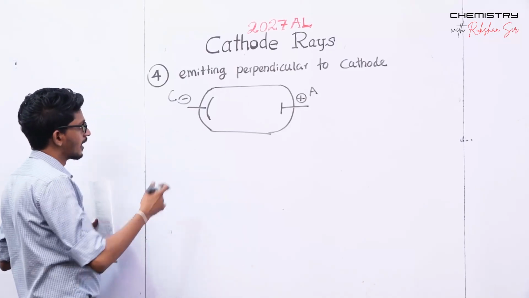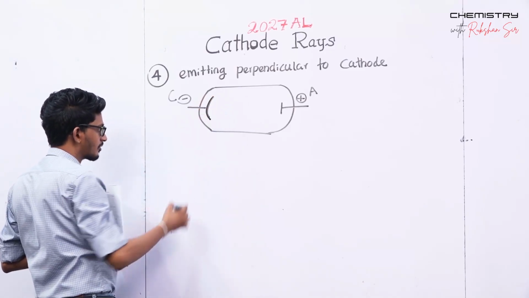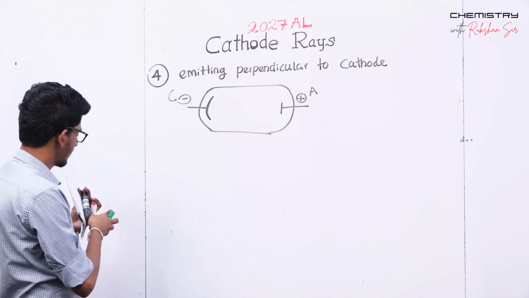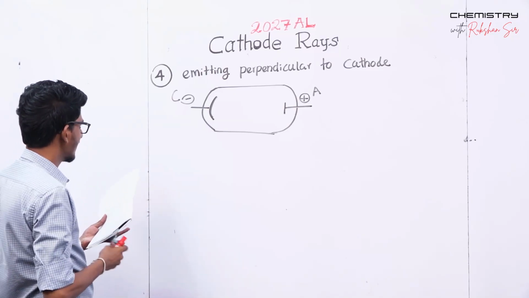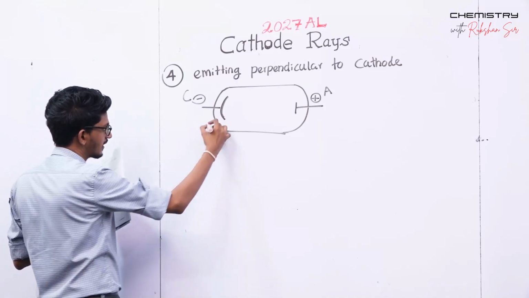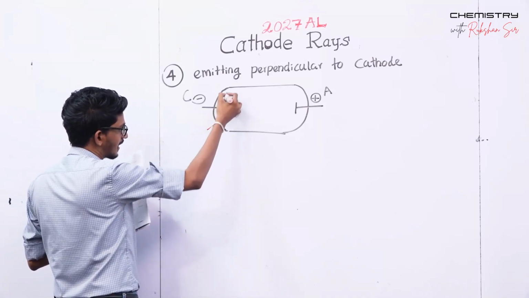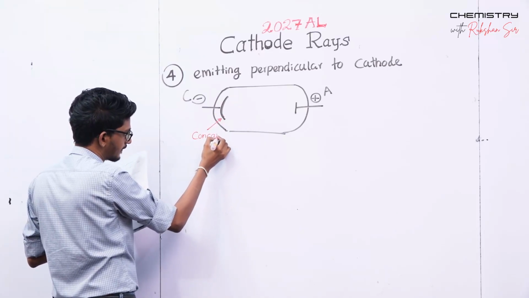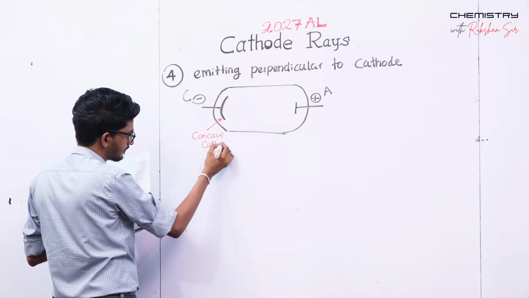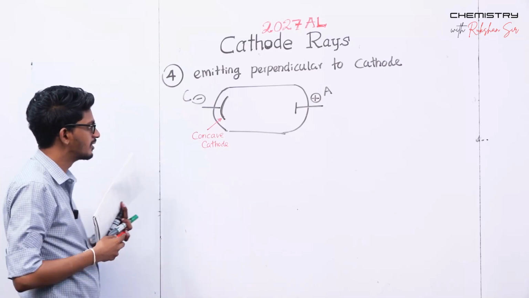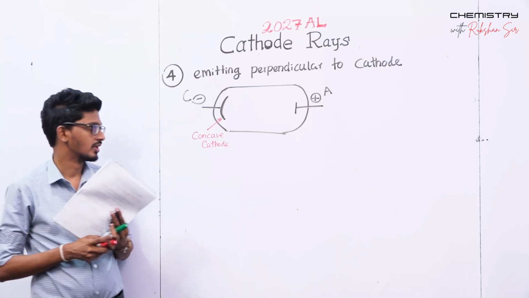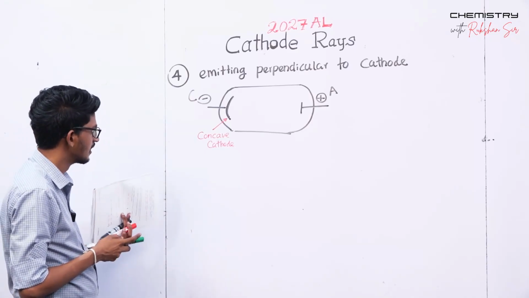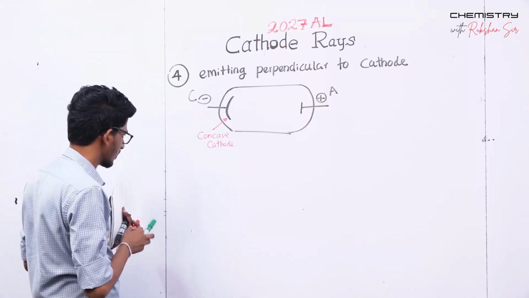The specialty here is that your cathode is a concave cathode. It is not a normal cathode. You may have come across concave mirrors in your light lesson in your younger days. So it's a concave cathode.